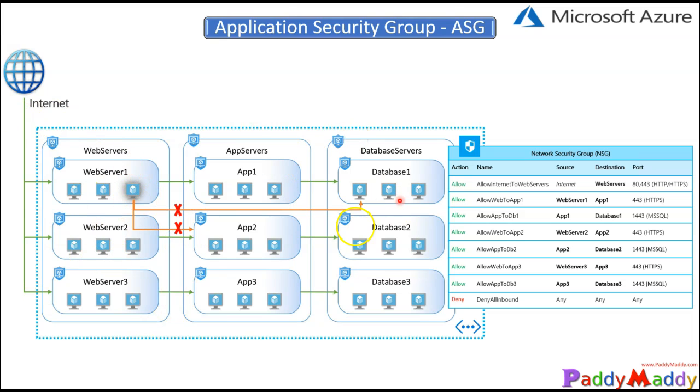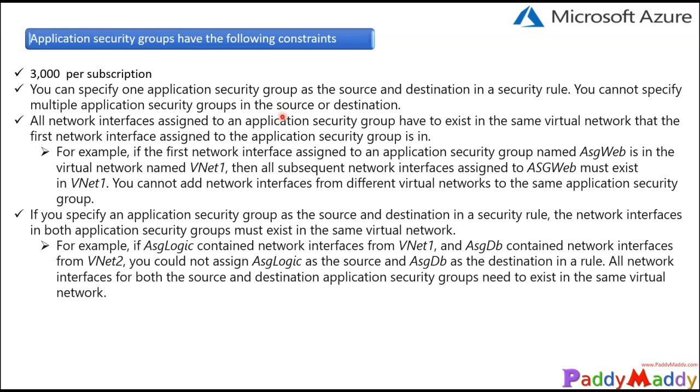Also, if a machine has two network cards or more, both should be assigned to the same subnet, that's the same VNet. Otherwise, it doesn't work. That's a limitation because it's more about your application logic, so it should follow those steps. That being said, we will jump into the demo.